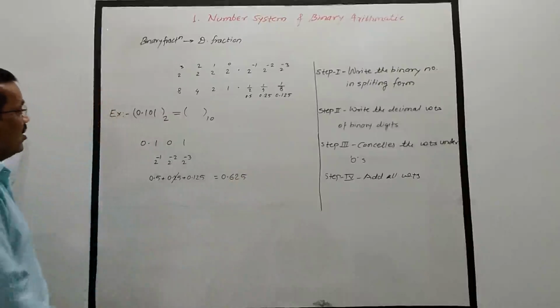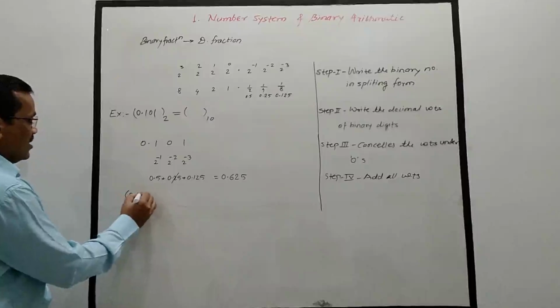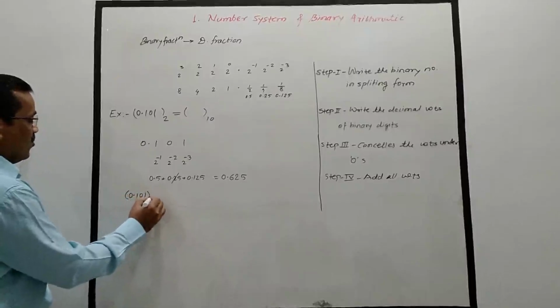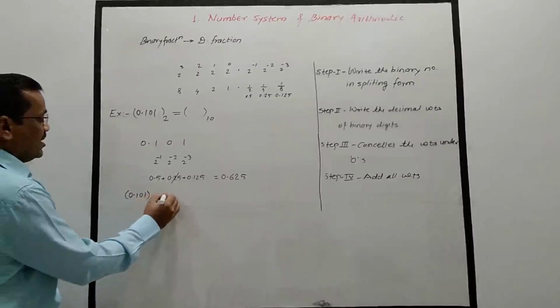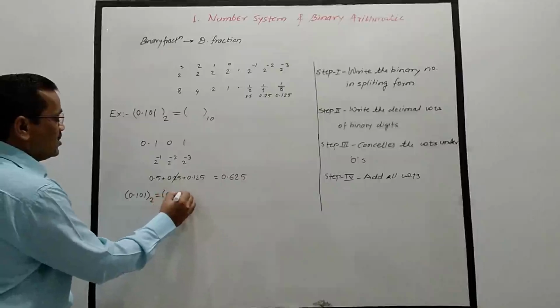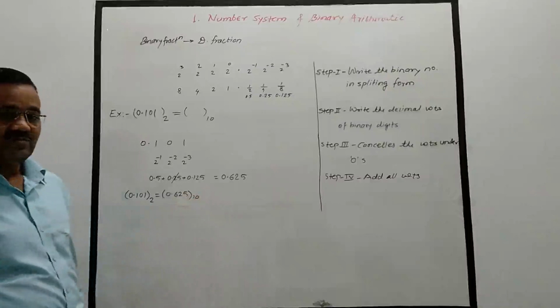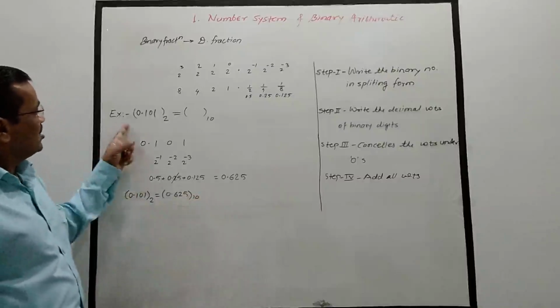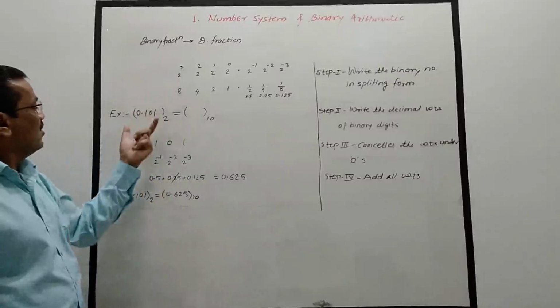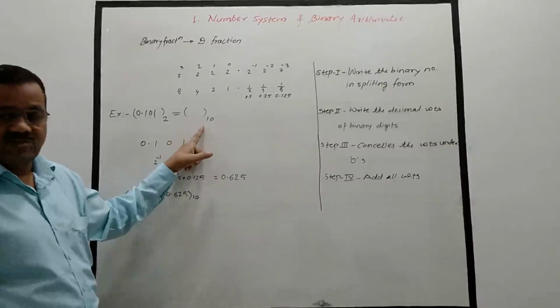Hence, we can write 0.101 of binary is equivalent to 0.625 of decimal number. So this is the conversion of binary fraction into the decimal fraction.